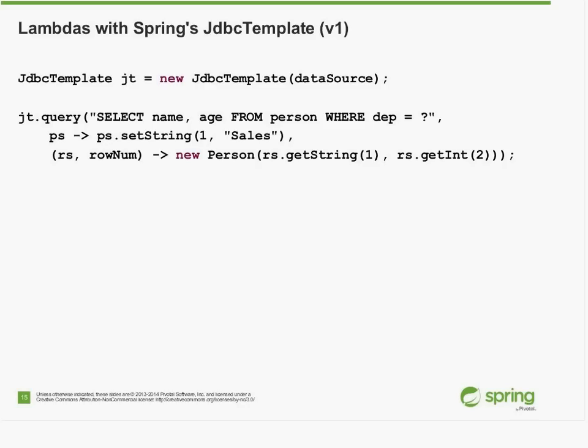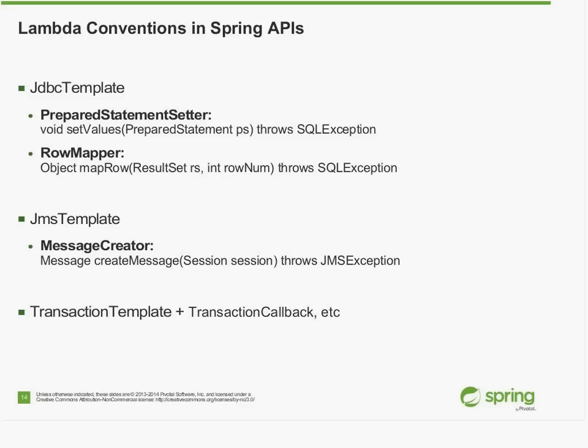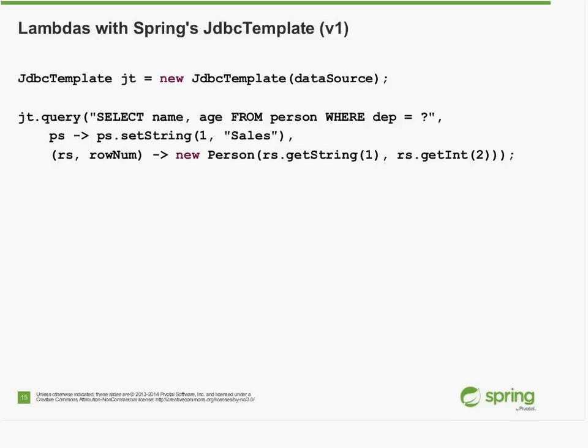The code that we're seeing here after the SQL statement now exactly matches those interfaces. The first line, the PS line, is a prepared statement setter implementation in Lambda style. It basically refers to the parameter PS, which is the parameter coming into the set values method here, and says, with this prepared statement, what I'm doing is I'm calling set string on it.